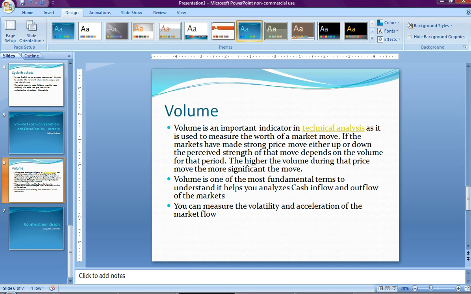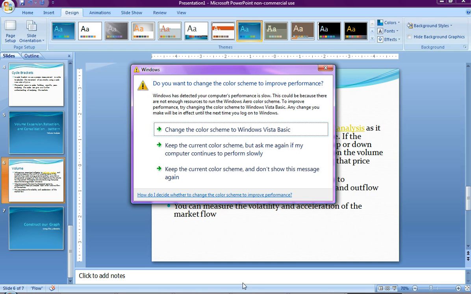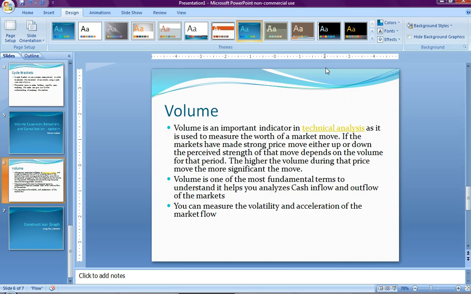When the market makes a strong price move up or down, the strength of that move depends on volume for that period. The higher the volume during the price move, the more significant the movement. Volume is one of the most fundamental terms in understanding cash flow and outflow of the markets. You can measure the volatility and acceleration of the market flow.